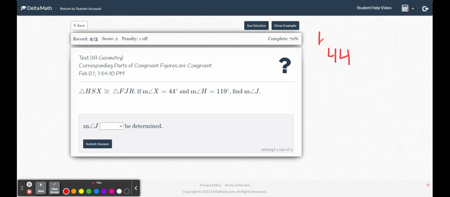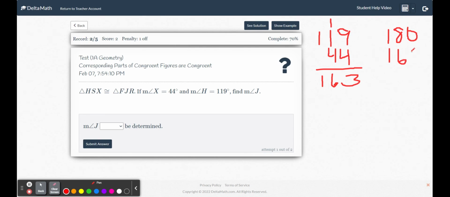So then I put 119, right? After that, I just add them up. I got 3, carry my 1, 6. So I got 163, right? I know in each triangle there are 180 degrees. In this triangle, I have 163 that I already know.